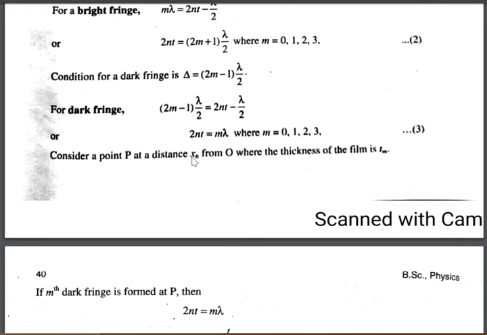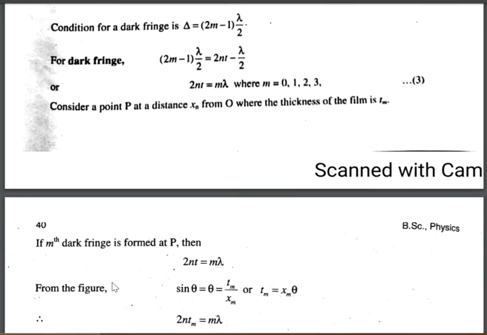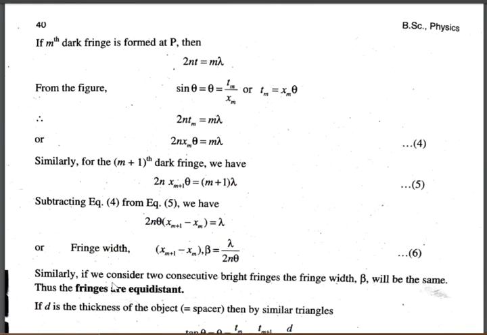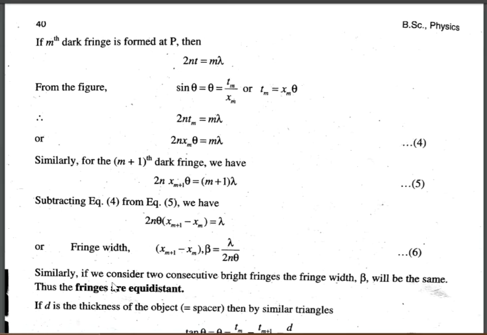Now, consider a point P at a distance xm from point O, which is there in the figure. Already I have told you this, where the thickness of the film is Tm. So if the mth dark fringe is formed at point P, then 2nt must be equal to m lambda.